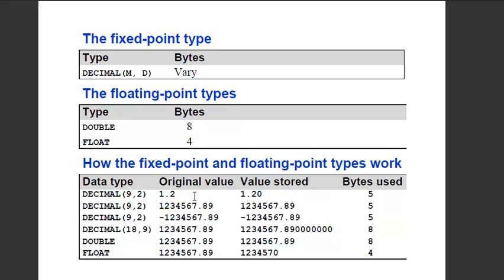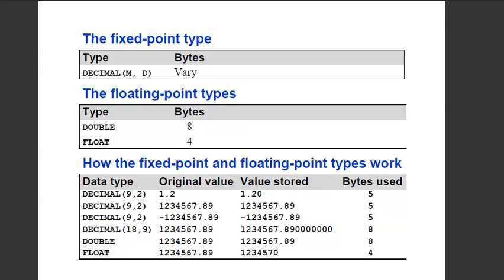Now, in addition to the decimal type, we also have the double and float types. These are floating point number types, which have a very similar meaning to what we have in programming languages. What is the difference between the double and the float? Float is considered a single precision number, which boils down to 7 significant digits.